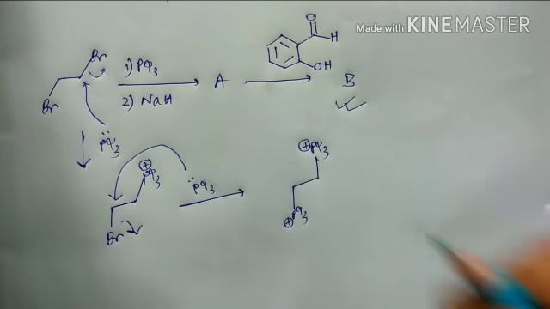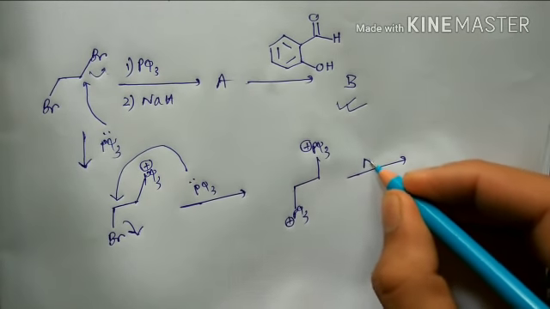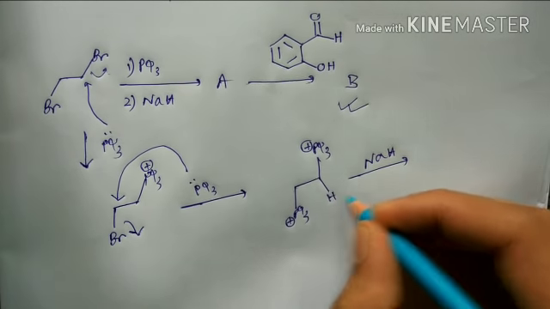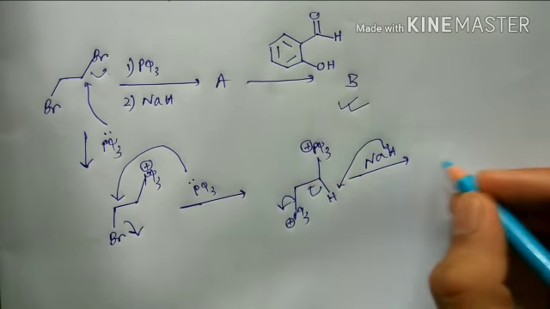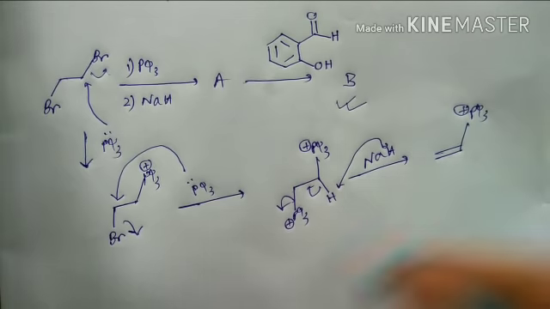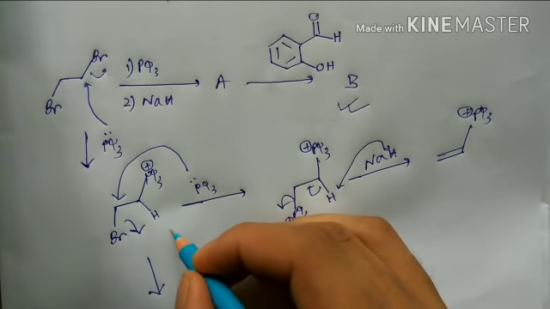This is possible. But in the second step, when you add the sodium hydride, what will happen? Sodium hydride is basically a base, so it can deprotonate from here to give you this. Now the same thing can be obtained from here also. So you have a hydrogen here and sodium.